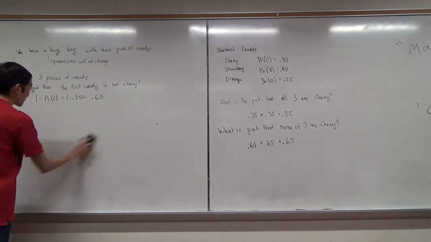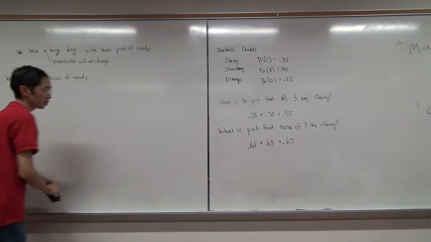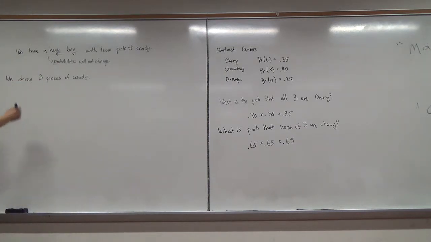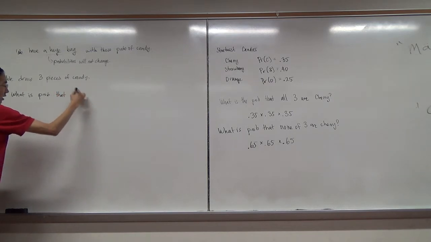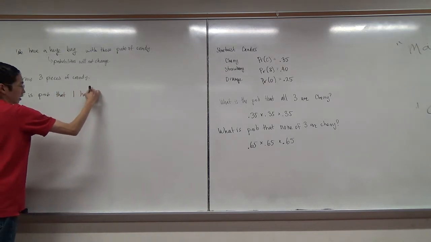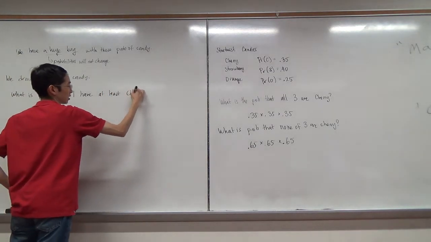All right, I'm going to complicate this. We're still drawing three pieces of candy, still the same probabilities. What is the probability that after drawing three pieces of candy, I have at least one cherry candy?